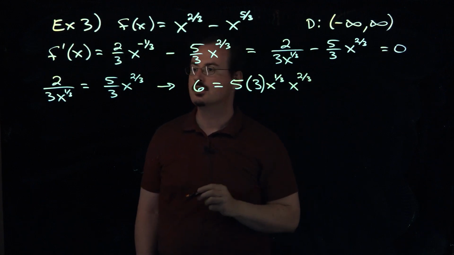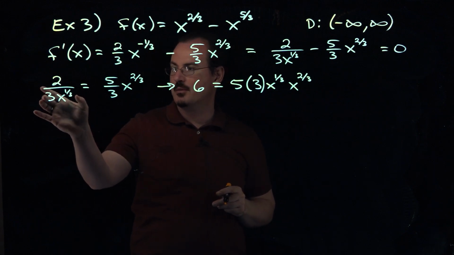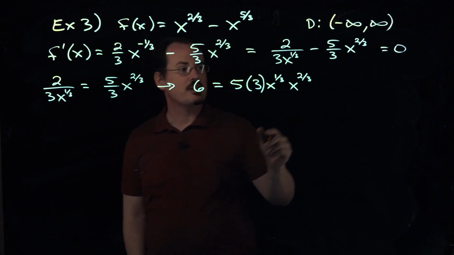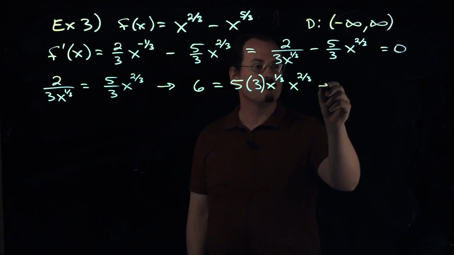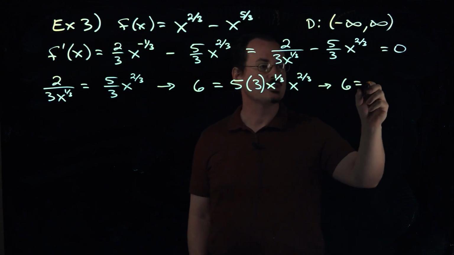We put all that together. We can simplify this a little bit. That's going to be 6 is equal to the 5 times the 3 is going to be 15.